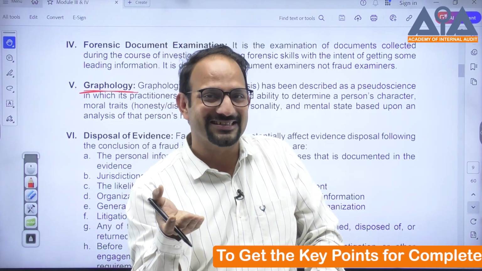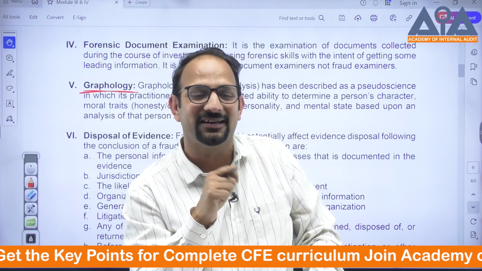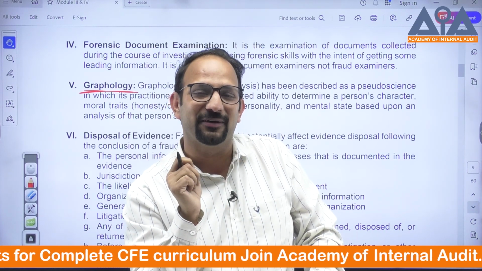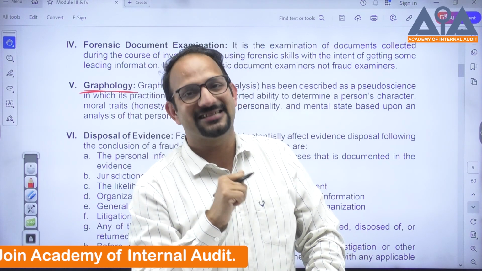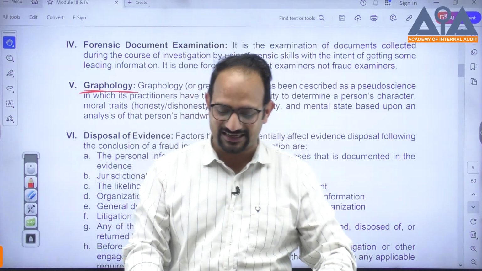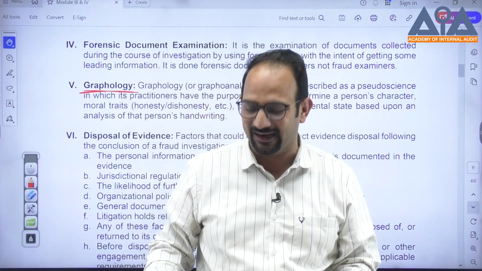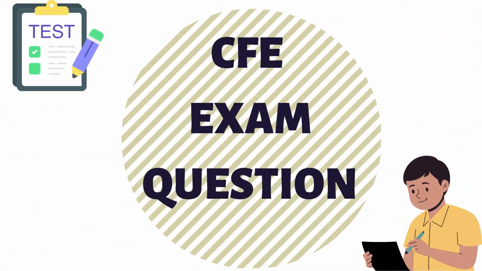Guys, if you know this art, you are better able to identify by looking at the handwriting of a person whether this could be your perpetrator or not, whether this should be your suspect or not. That is called graphology. So these are certain points which we have to keep in our mind from the examination point of view.